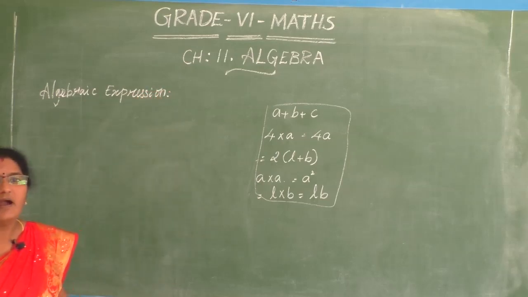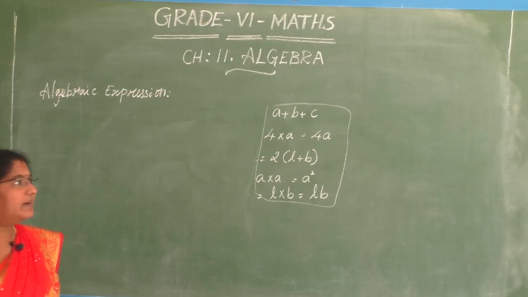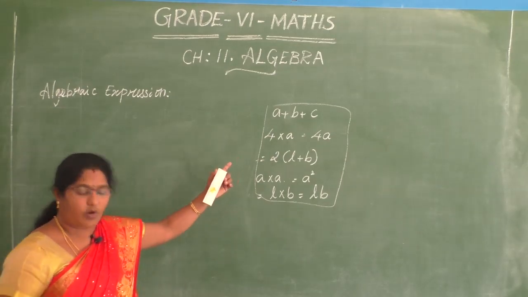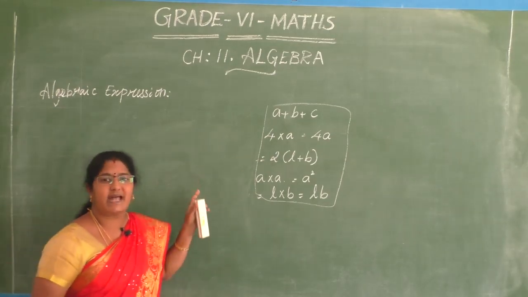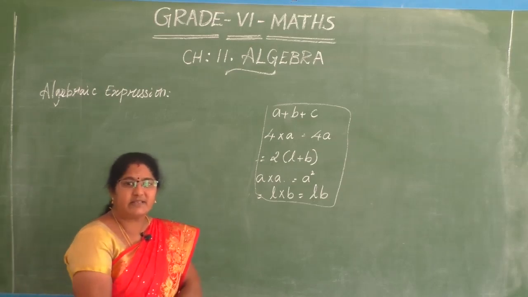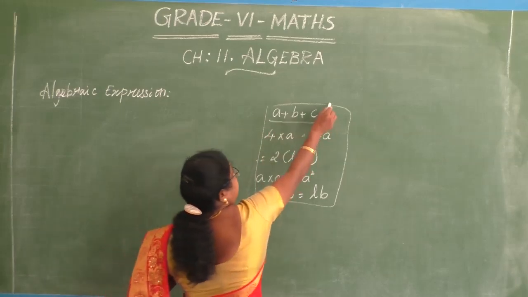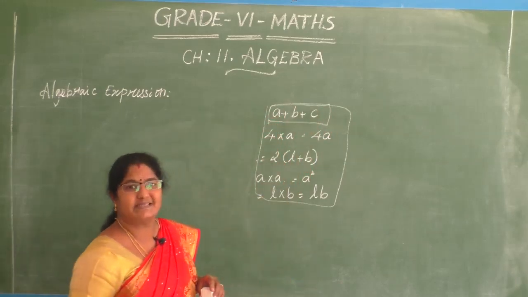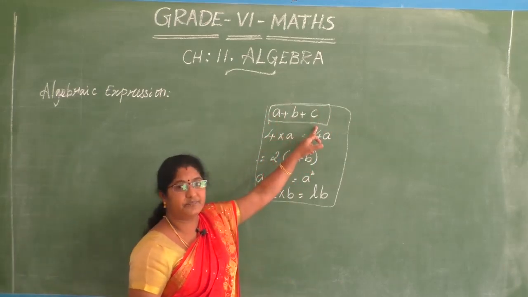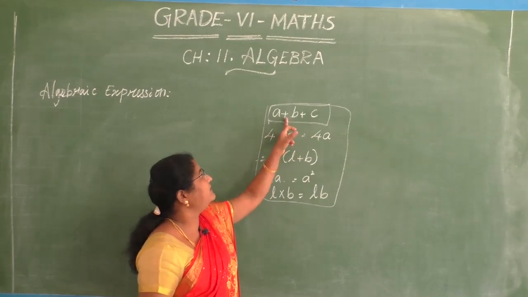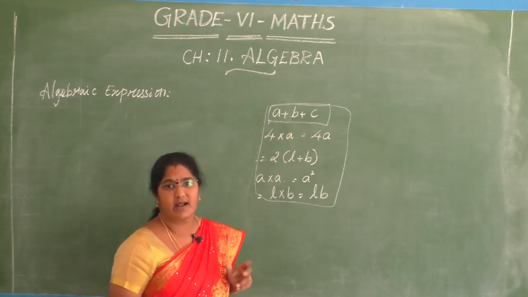Algebraic expression. Algebraic expression is nothing but variables and constants combined with some arithmetic operations, that is here a plus b plus c. Here variables are there, and these variables are combined with the operation addition.